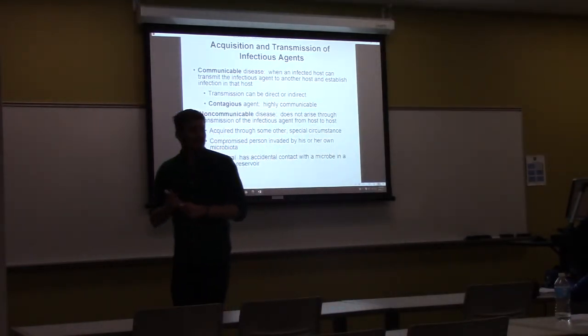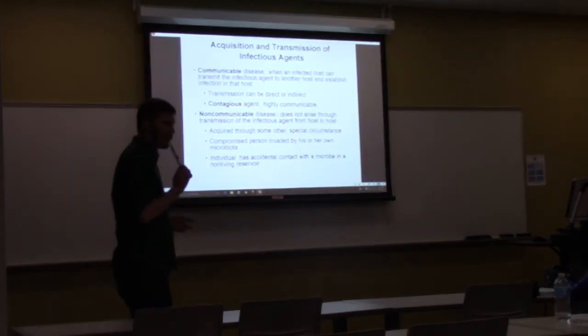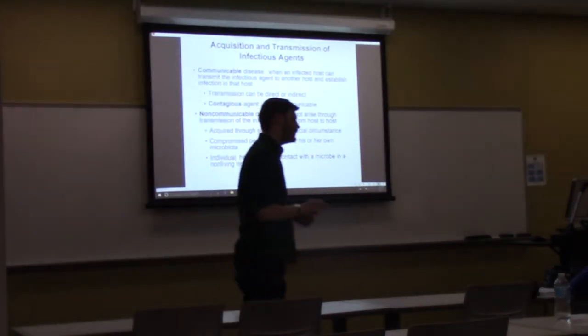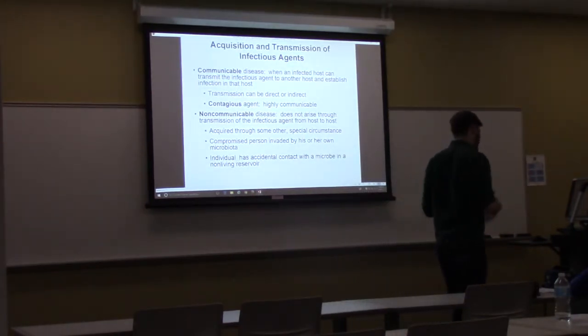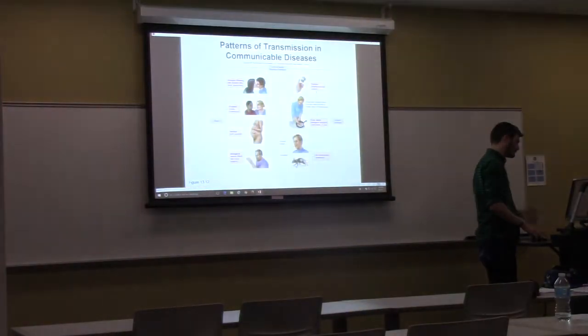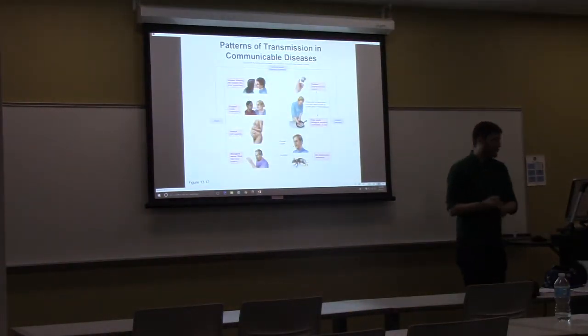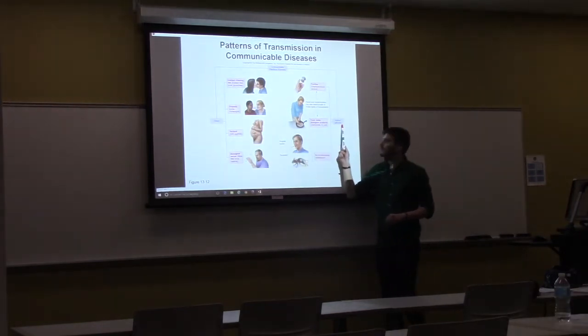Now, these diseases can be communicable or non-communicable. Communicable means spread from one person to the next. Non-communicable essentially means it's intrinsic, right? So it was internal, and then it became pathogenic later on, for whatever reason. For communicable diseases, you can have direct contact spread and indirect, okay?